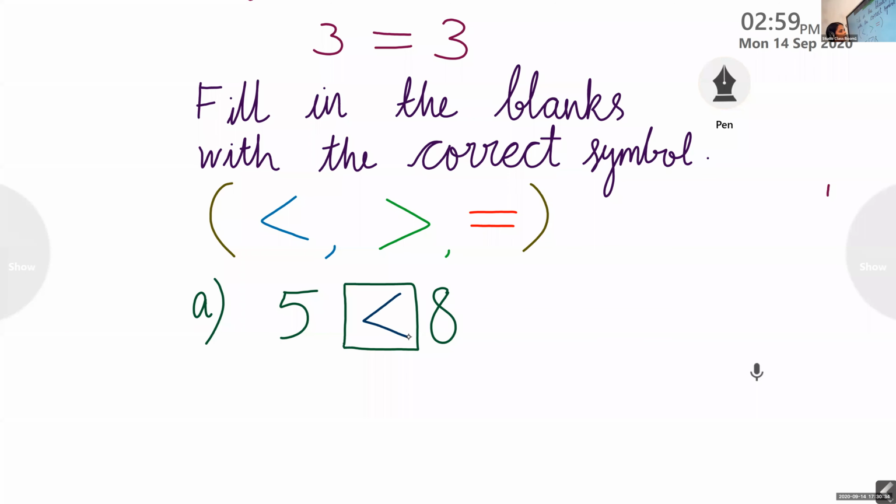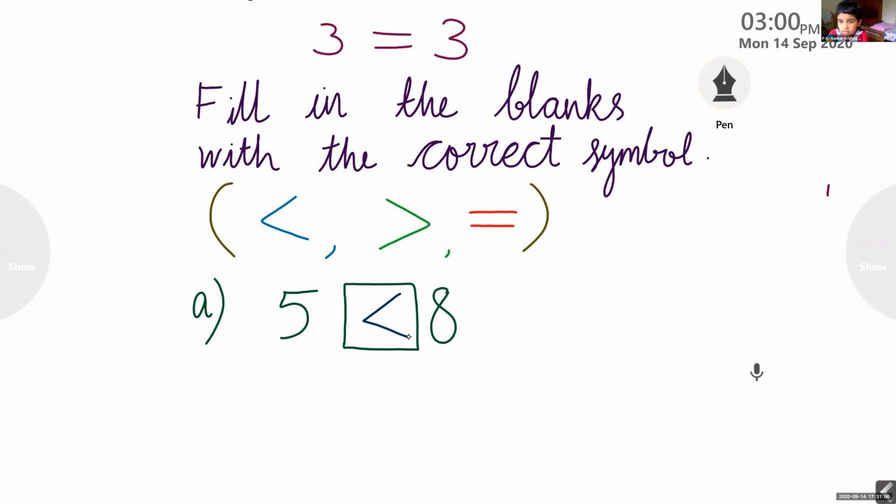How will we read this? Shankar Krishna, tell me. 5 is, is it less than or greater than? 5 is less than 8.